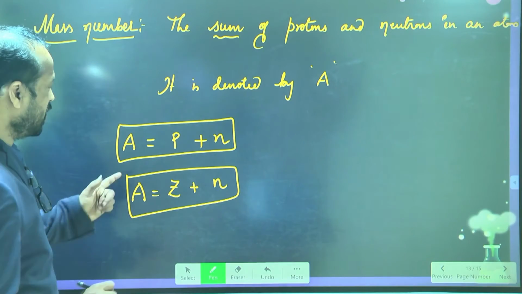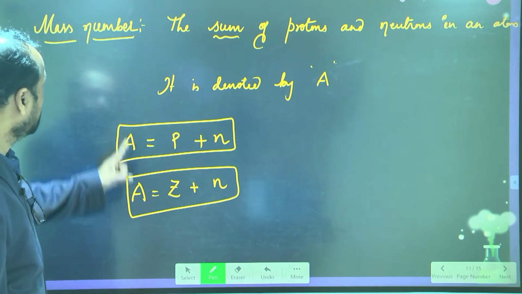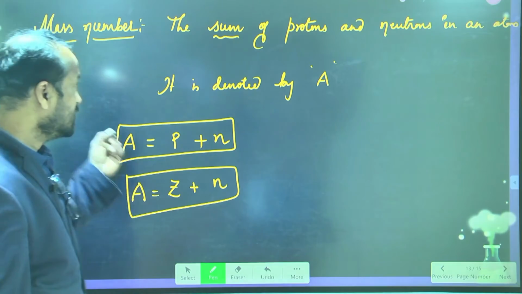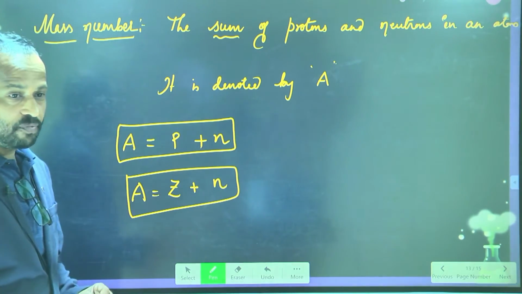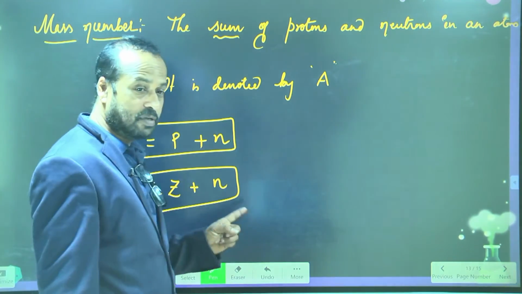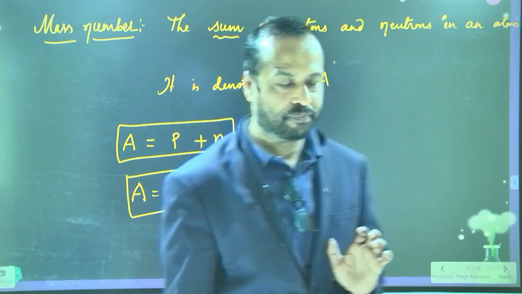So this is the formula: A is equal to Z plus N, where A is the mass number, Z is the atomic number, N is the number of neutrons, and Z, the atomic number, means the number of protons, or the number of electrons also.